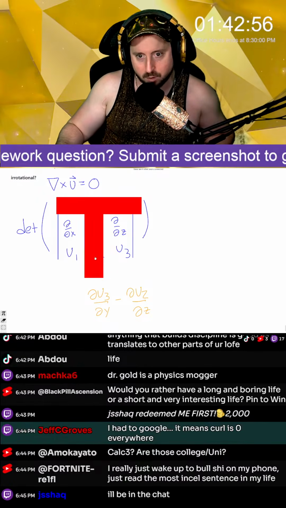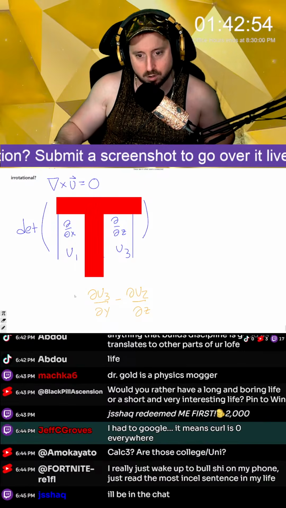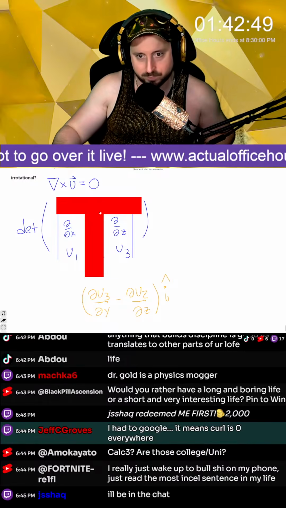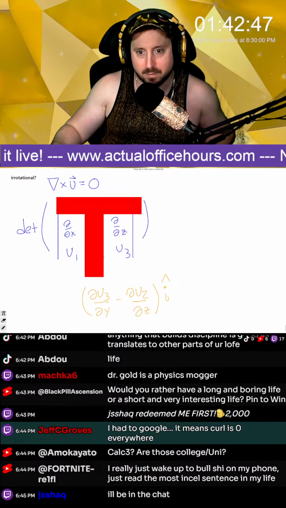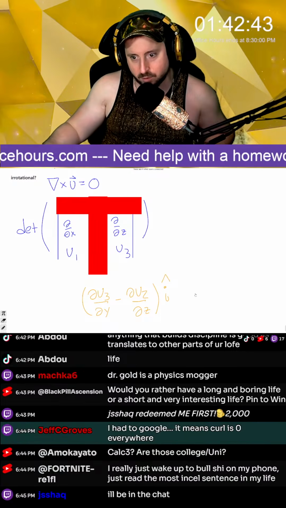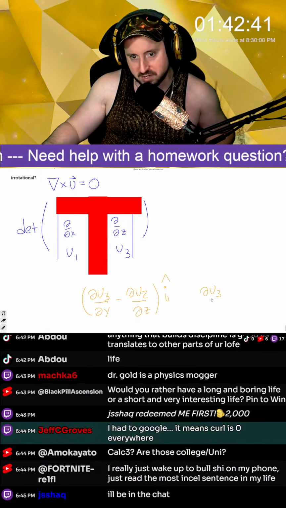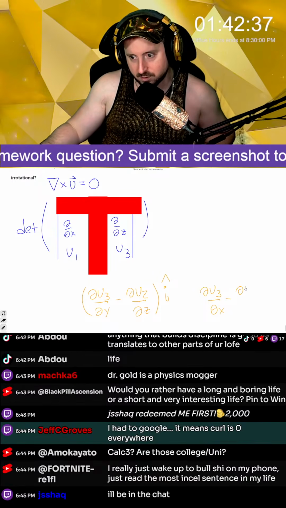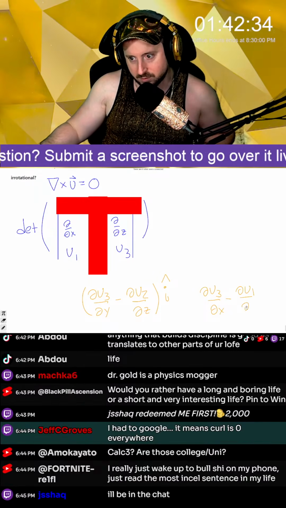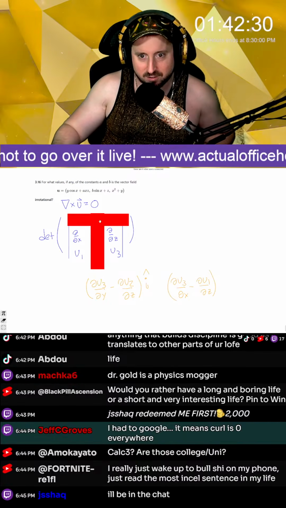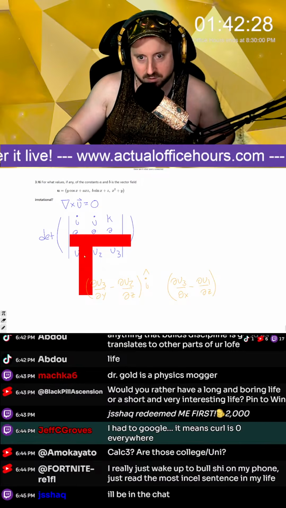Then you move this over. All of this is now in the i hat direction. Then we move the T over and do this: du3/dx minus du1/dz. But this is in the negative j hat direction.